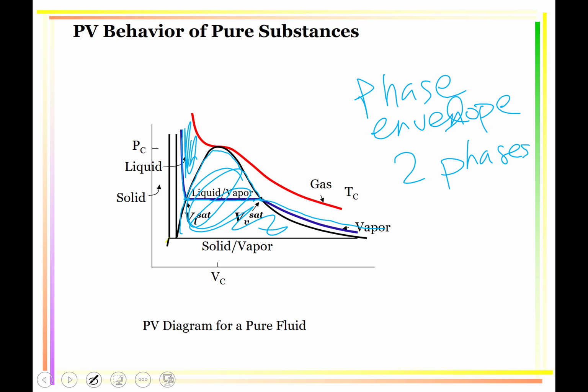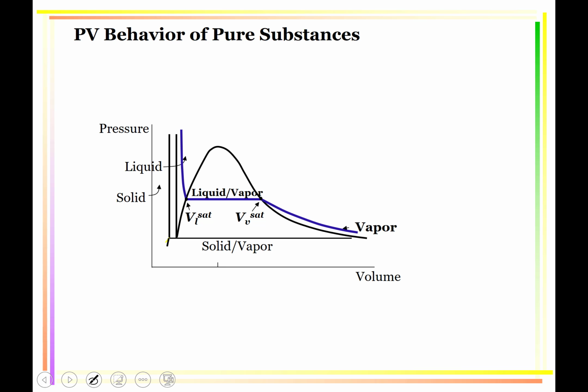Here we have liquid, and then we have solid. So we also have a type of phase envelope where we have liquid. But the phase envelope that we really refer to is this hump here, and under there we have a mixture of gas and liquid in equilibrium. I'm focusing on these different aspects here.